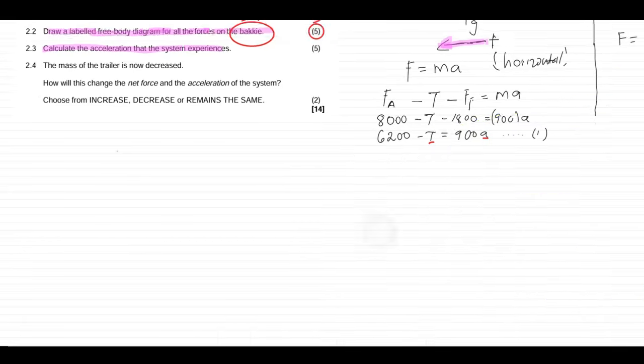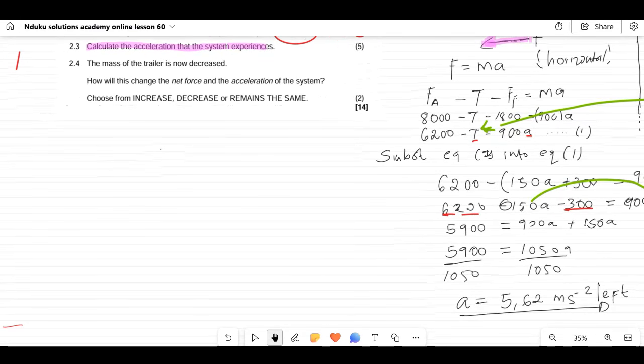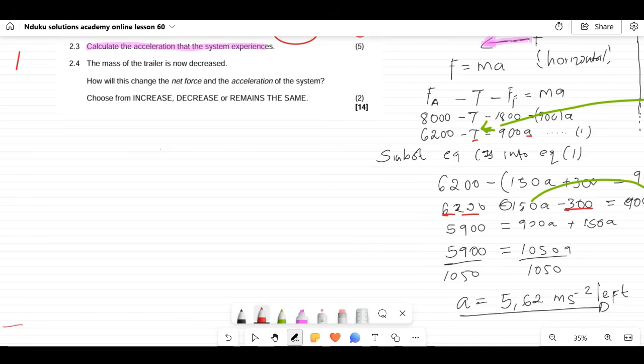And then let's take a look at what is actually happening this side. So go to 2.4. What happened is that the mass of the trailer is now decreased. How will this change the net force and acceleration of the system? Choose from increase, decrease, or remains the same. So you can relate this to a real life problem.